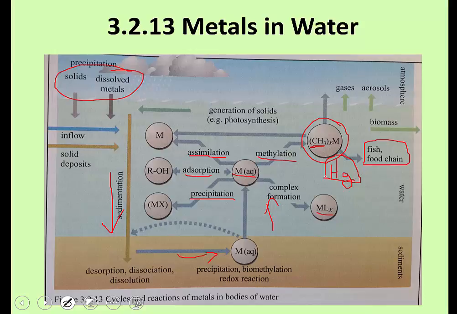You wouldn't take a fish and be able to open it up and find little droplets of metal mercury. It's methylated mercury that these fish are getting, so that methylated mercury is taken up by the plankton and the other sources that the fish eat, and then it gets incorporated into the fish and then continues on into the rest of our food chain, to our biomass, i.e. us.